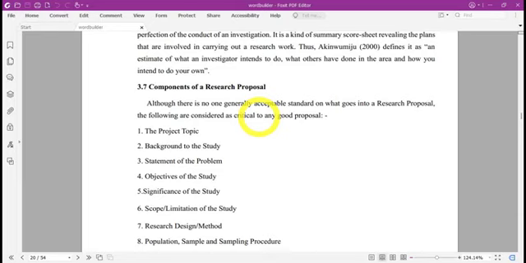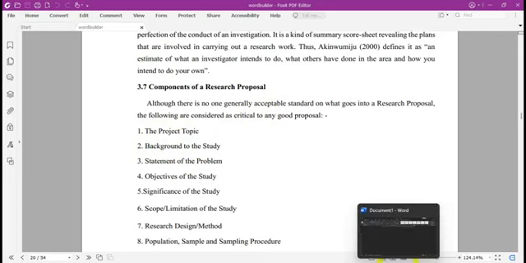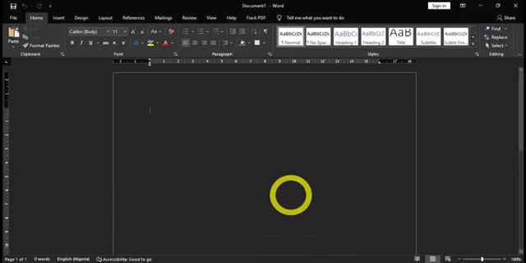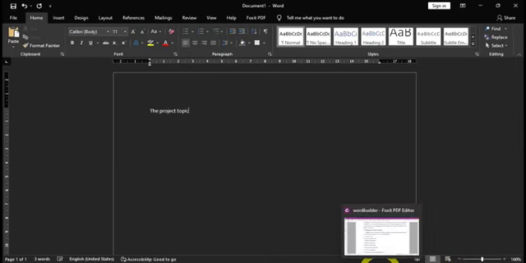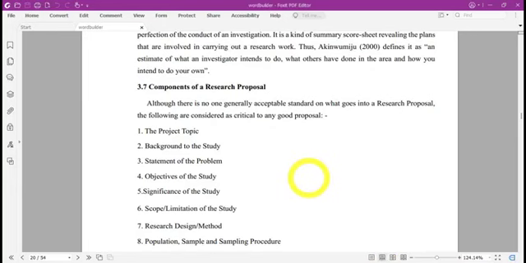The first thing is the project topic. The topic you're going to work on.